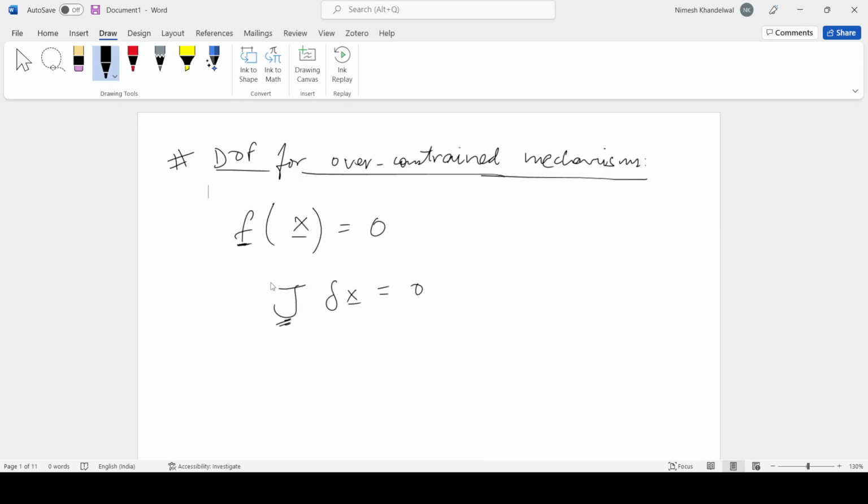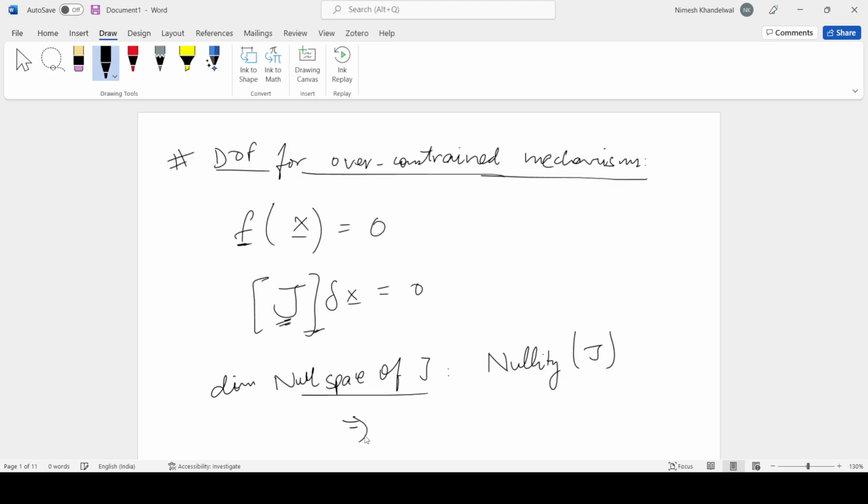What you see is that the rank of this matrix, or rather the dimension of the null space of J, also shown as the nullity of J, gives you the degree of freedom.